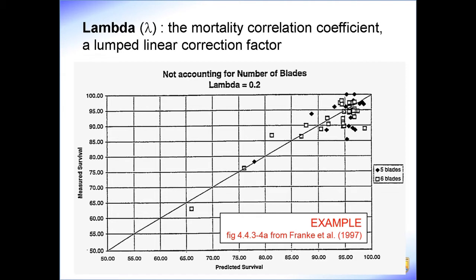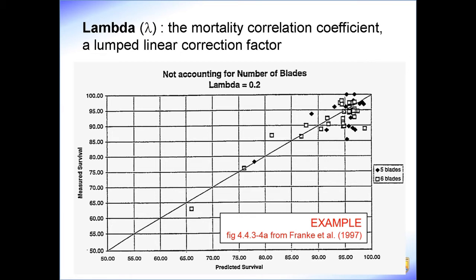The thing to remember is that the higher the lambda, the more likely it is that you are going to kill the fish. The lower the lambda, the more likely that the fish will get through safely. As a general rule, I would recommend using 0.2 for lambda, and I think Frankie backs that up in his paper, but you can play with that a little bit.